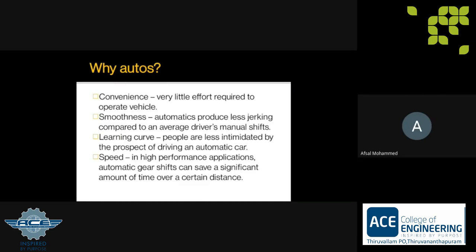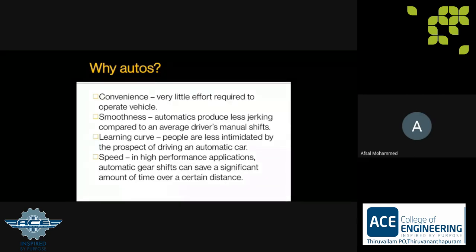So, a manual transmission car cannot be driven easily, whereas an automatic transmission car can be easily learned based on any previous engagement with scooters or something like that, because only the throttle and the brake are present and there is nothing else to be learned. Maybe a steering wheel, but that's kind of simple.